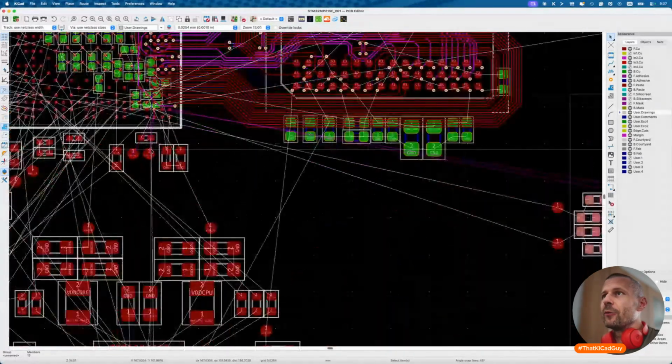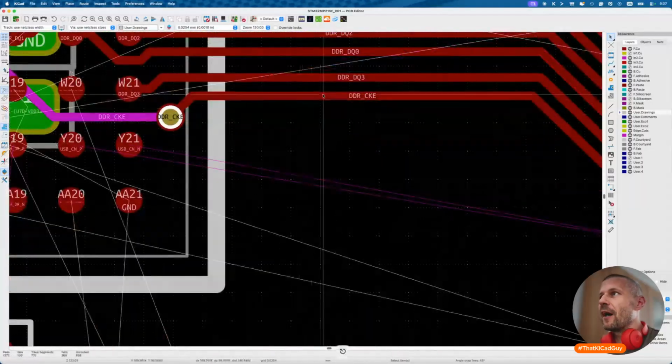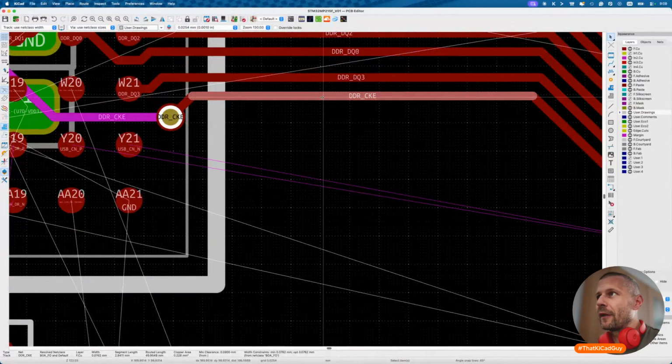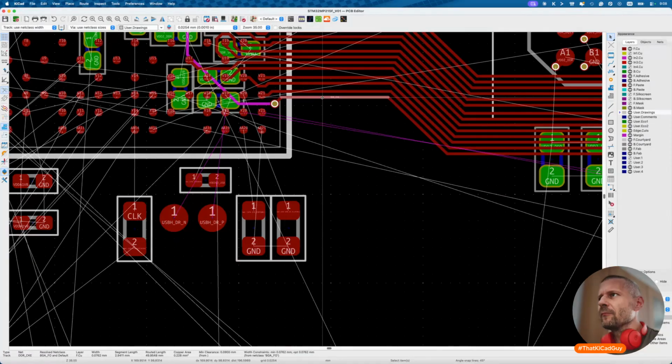So if I want to go, for instance, with this DDR clock enable, I don't know if it means clock enable, but the CKE line. Should I know what the CKE means? Probably I should, but I'm not sure.